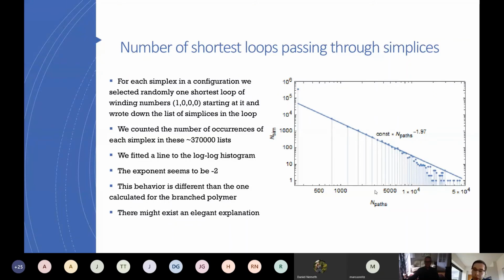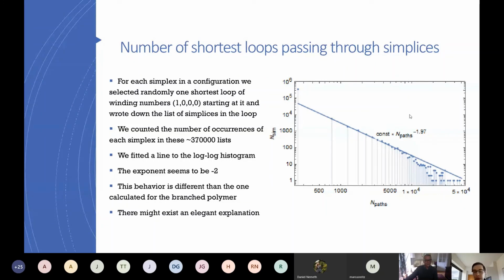And now if we make such a log-log histogram, where on the x-axis we have the number of paths that go along a simplex, and on the y-axis we have the number of simplexes with this property, then it turns out that we can fit very well a power law to this, and the exponent seems to be very close to -2, and this seems to be meaningful because this exponent is so nice.